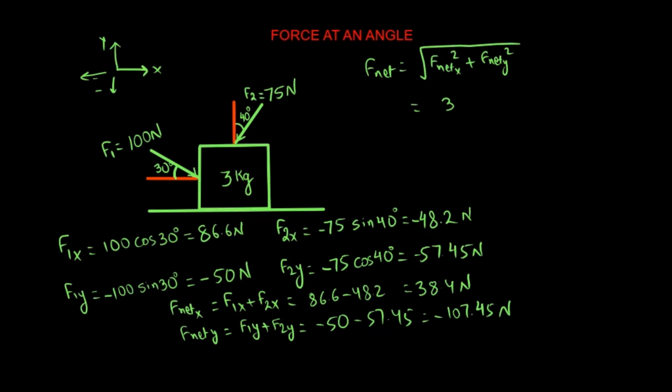We have 38.4 squared plus minus 107.45 squared, and then find the square root. Whatever you get in newtons would be the net force acting on this box.